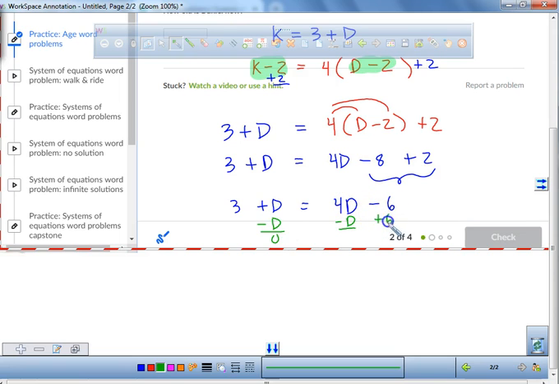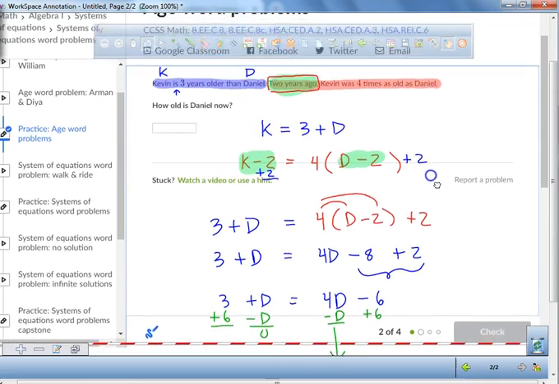We add a 6 to this side, and we add a 6 to this side. And our final, right here, this becomes 3D equals 9. And after we divide both sides by 3, we get D equals 3, which means Daniel is equal to 3 years old.